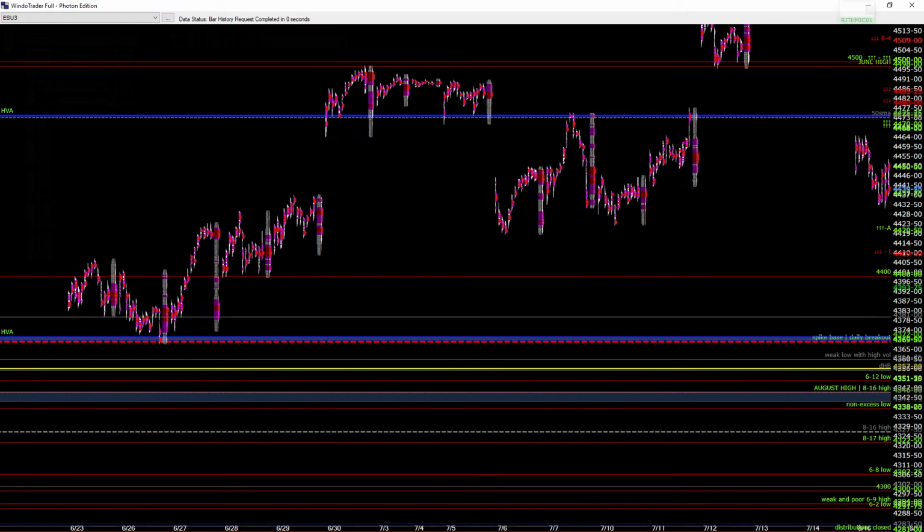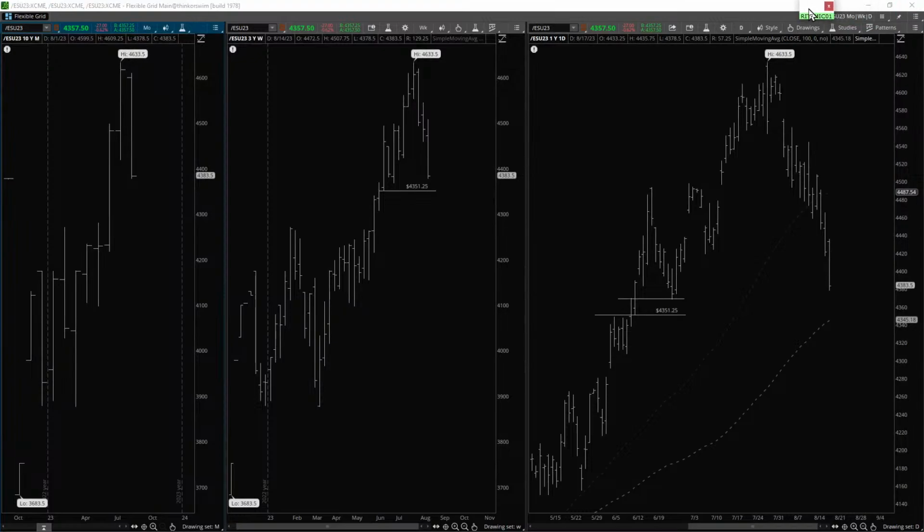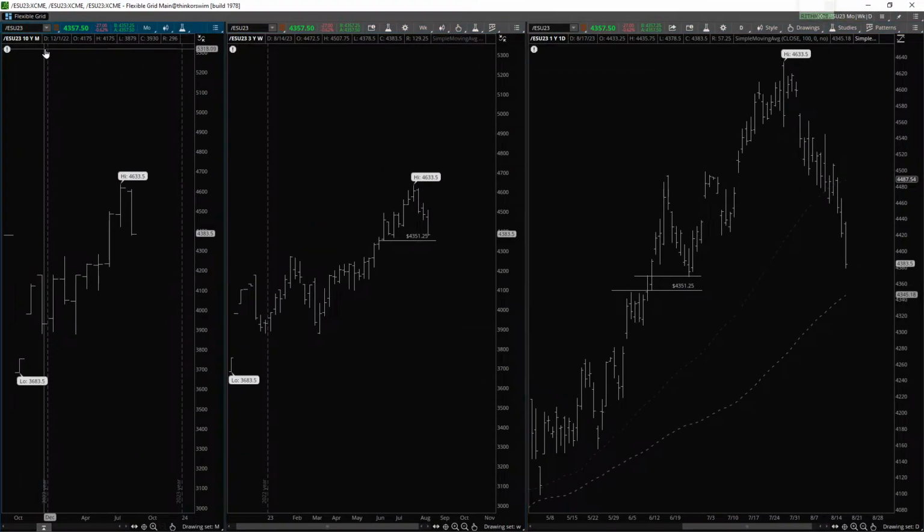I'll come back to this in just a moment. This is the current contract, the contract that expires in September. You can see there's little trading here.